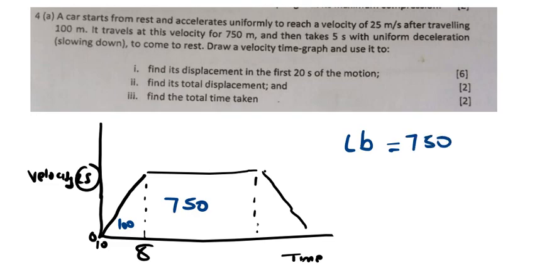What is the length? The length is what we're trying to find. The height is 25, so length multiplied by 25 is equal to 750. So the length in this case will be 750 divided by 25.